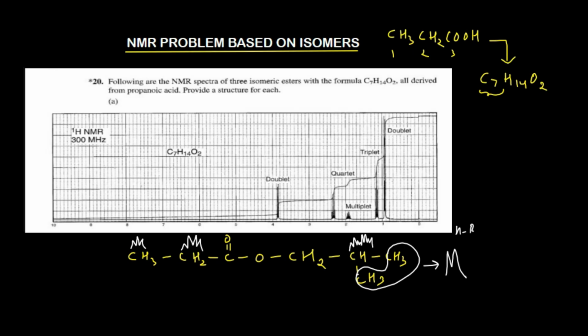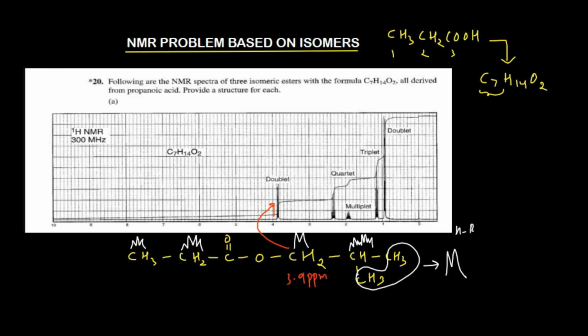And then you are left with this one. This will produce again a doublet here. So you see this one doublet, which is this one, not this one, because it is connected directly with the oxygen. So this doublet belongs to this one, resonating at somewhere around 3.9 ppm. So you can write 3.9 ppm for this one.